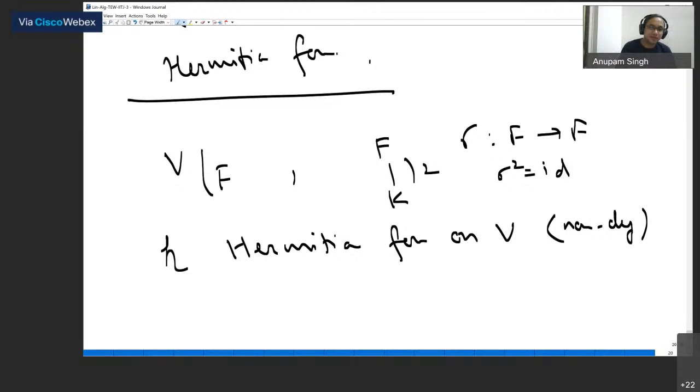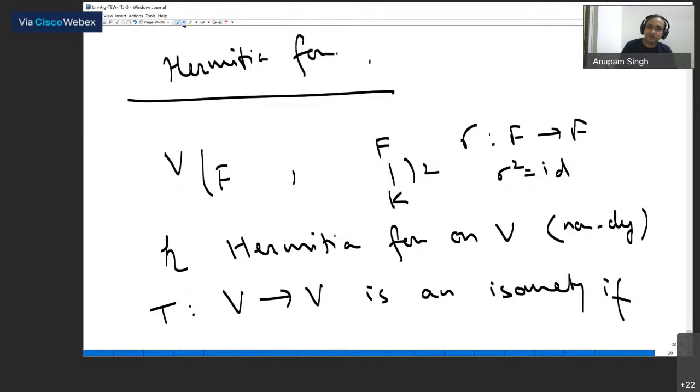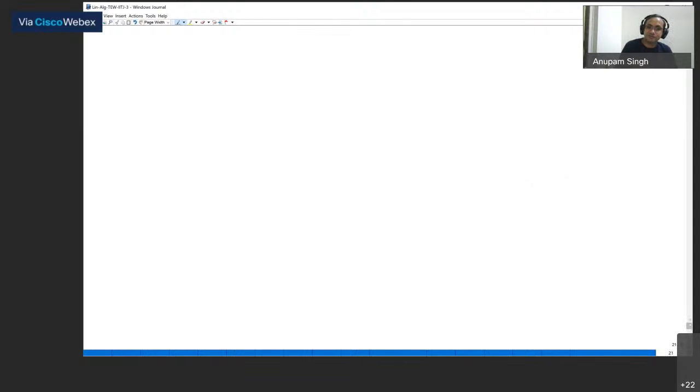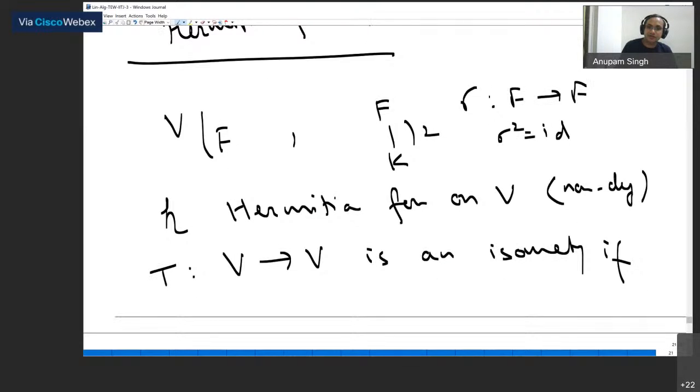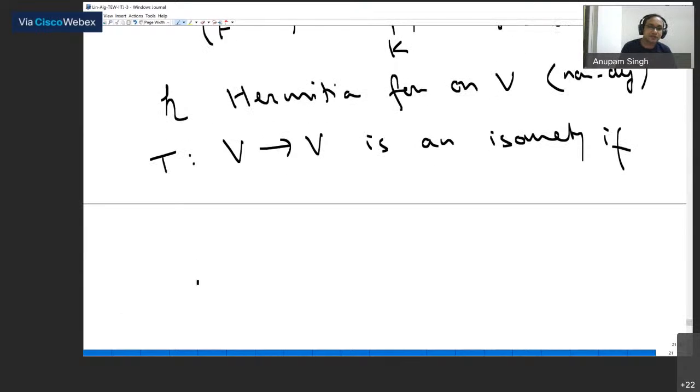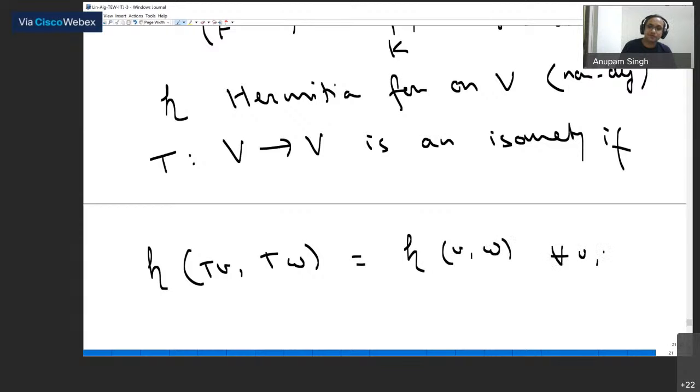Then we define a map T from V to V to be an isometry, like the earlier definition, if it preserves this H, right? If H of TV, TW is H of V comma W for all V comma W in V.